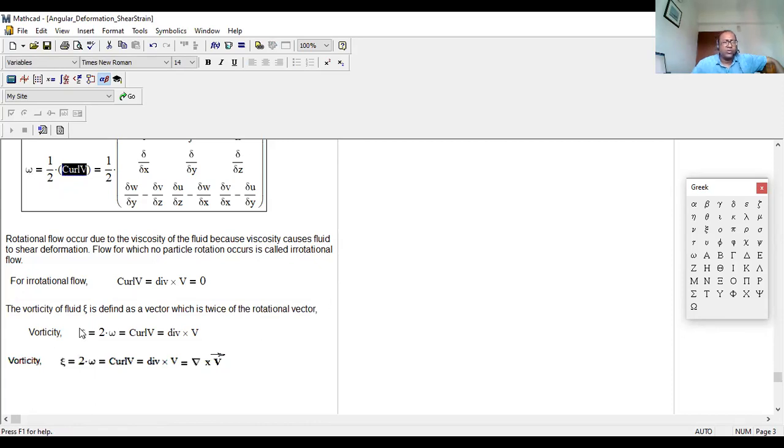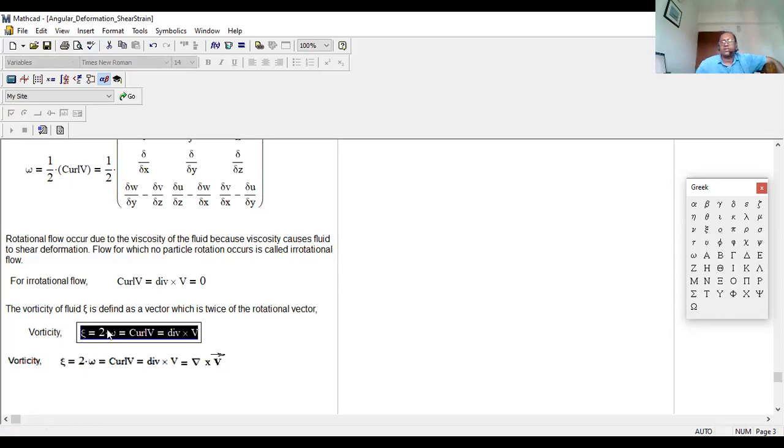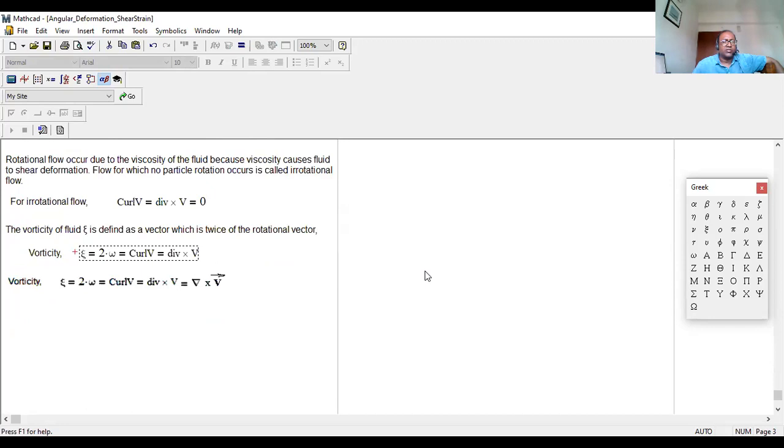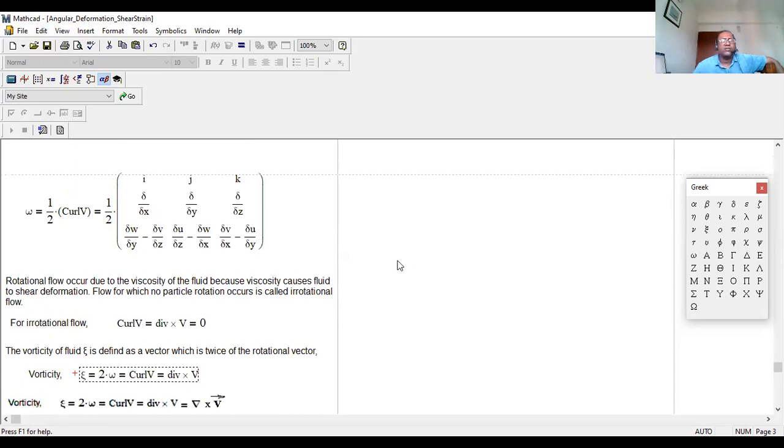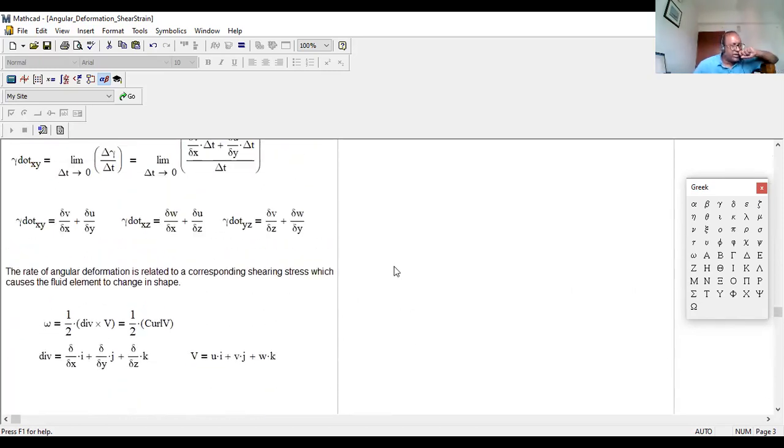This 2 omega is called the vorticity of the fluid. If the vorticity is 0, then there is no angular deformation, no rotation of the fluid. If the vorticity is not 0, there will be some rotation in the fluid element, some vortex. So vorticity zeta equals 2 omega, or curl V. Sometimes we put a short question: what do you mean by vorticity of the fluid element? So far, any question from here?